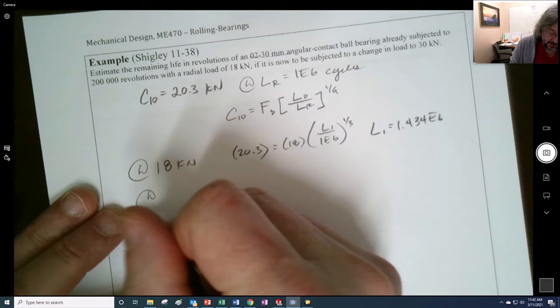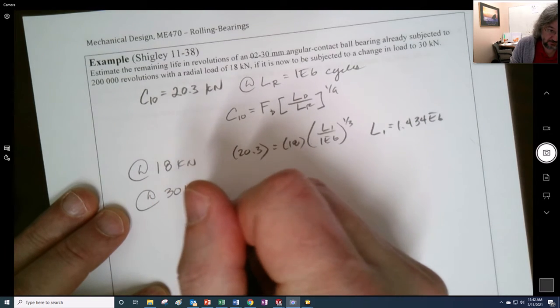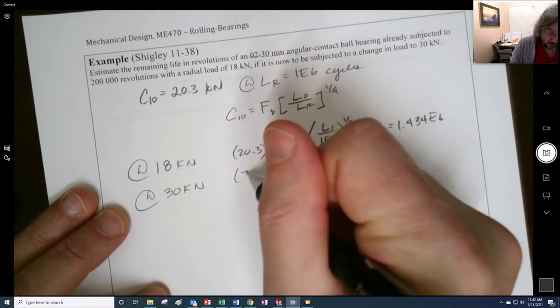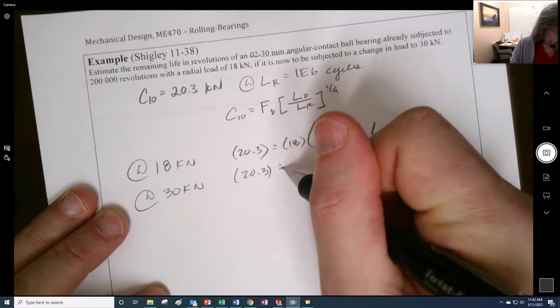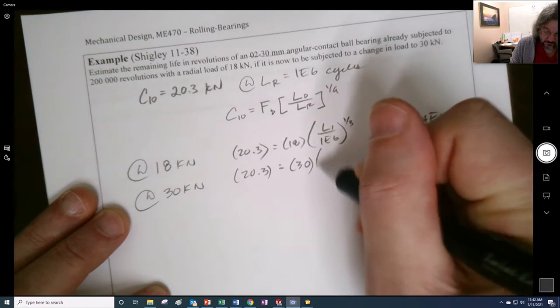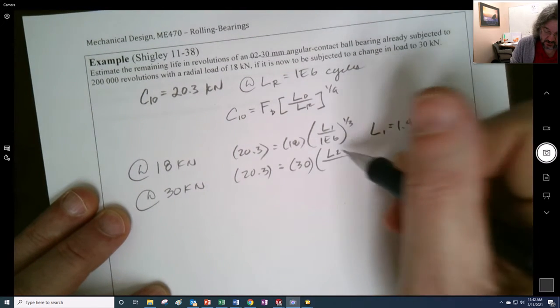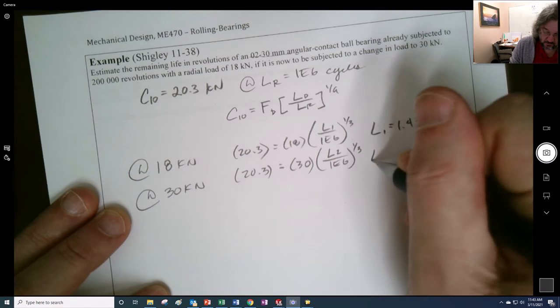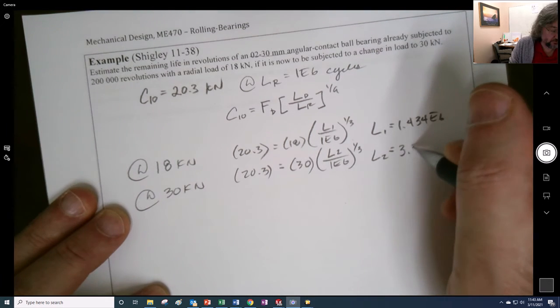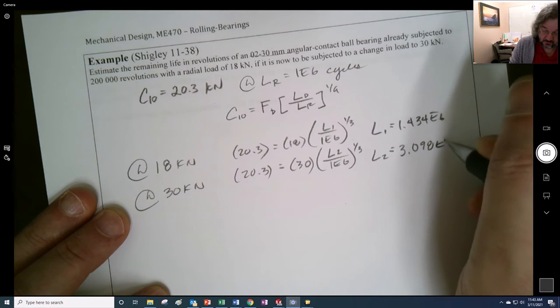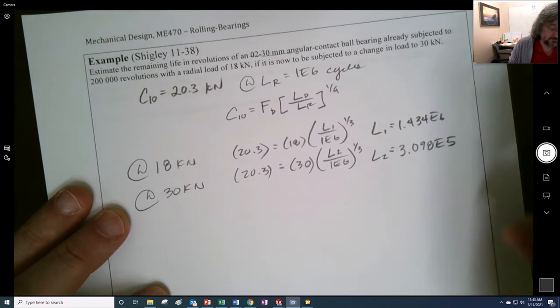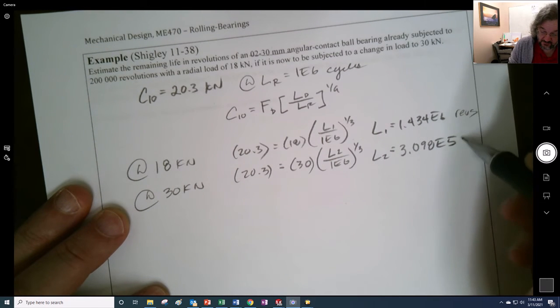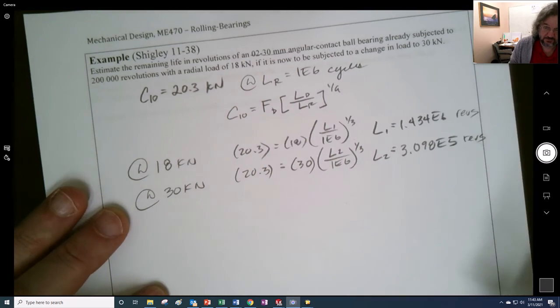And then we say at 30, we'll call that L2, we get 3.098 E5. These are revs or cycles, whatever we want to call them.